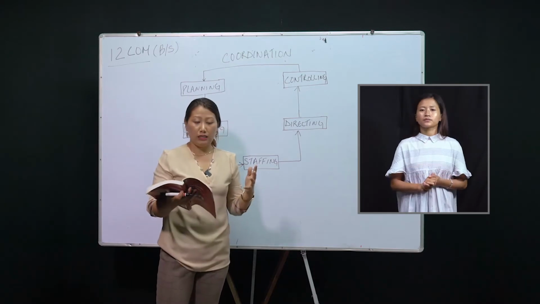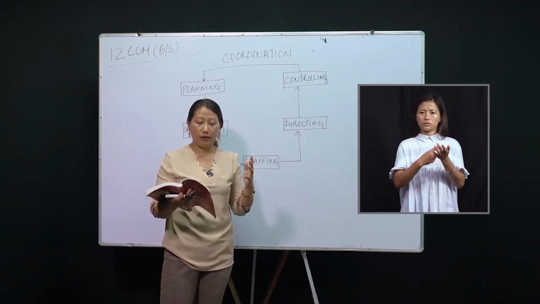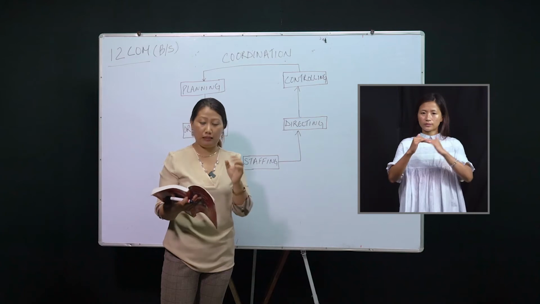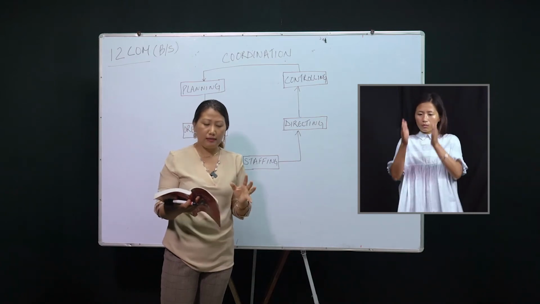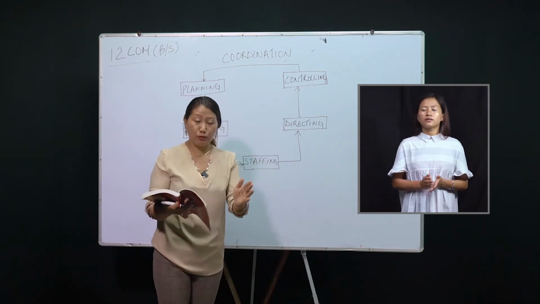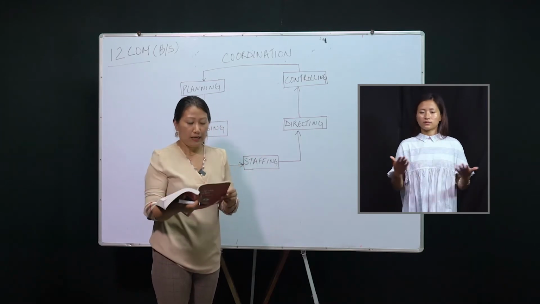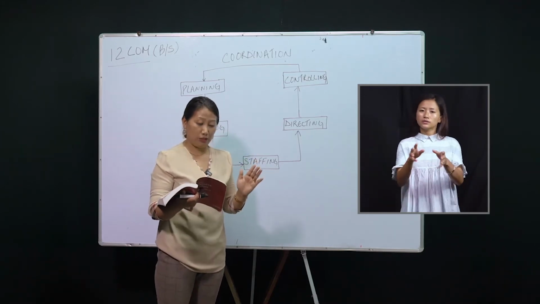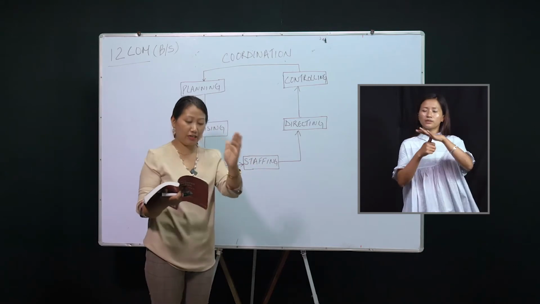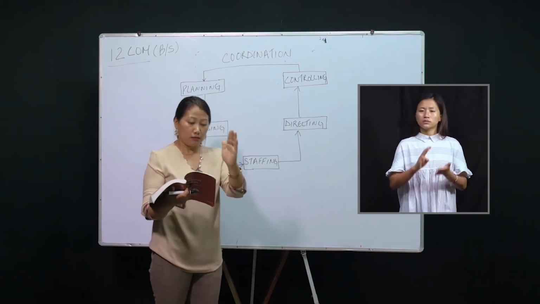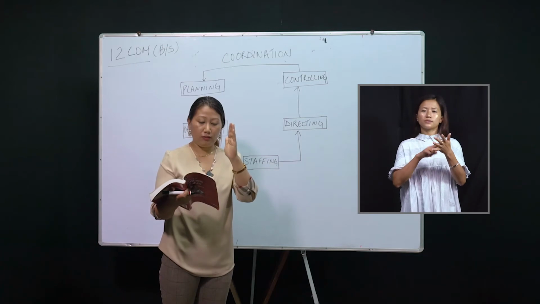So, what is coordination? Coordination means the act of arranging and putting things in order. In order to achieve an organizational objective, the managers have to give a common direction to group efforts and the working of different departments.